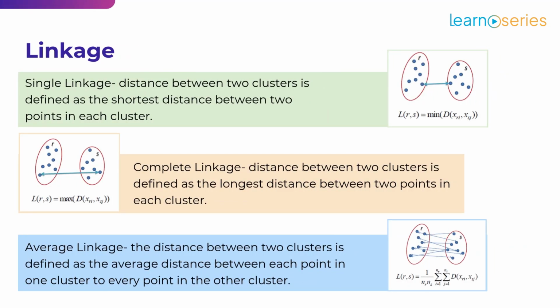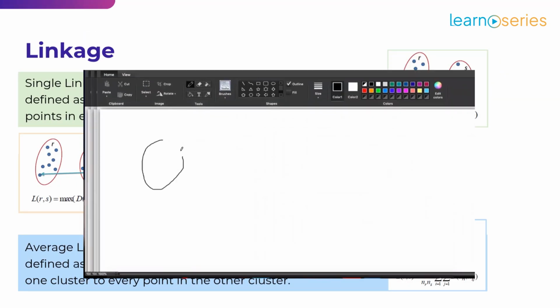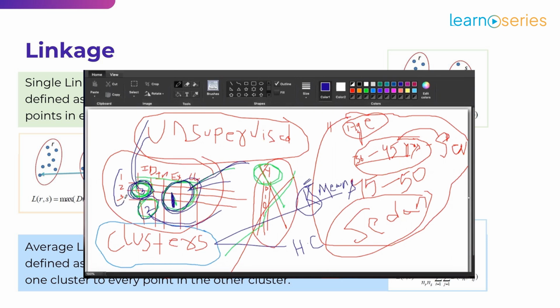So what is the distance? That matters a lot. Assume that it's a set of data points or clusters. These are the rows 1, 2, 3 in the bank data set.